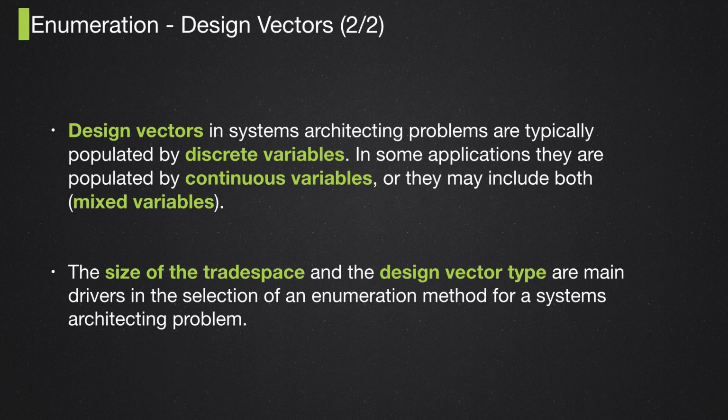The size of the trade space and the type of the design vector are main drivers in the selection of your enumeration method. And this is really similar to what people in the optimization community face, right? So, for example, heuristic methods are more suited if you have to deal with discrete variables, much more than gradient-based methods.